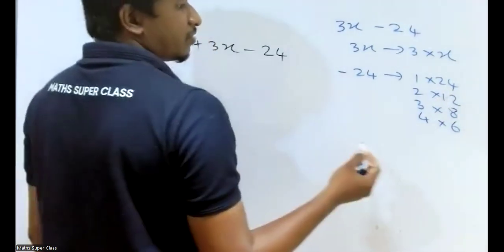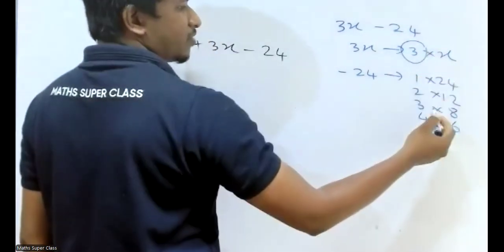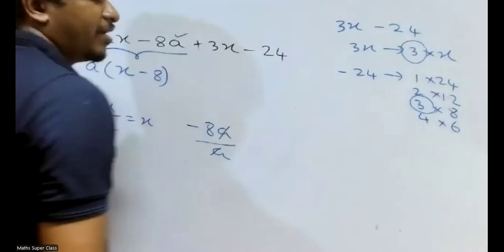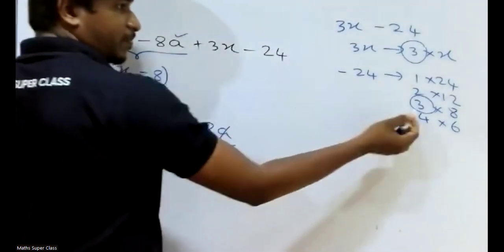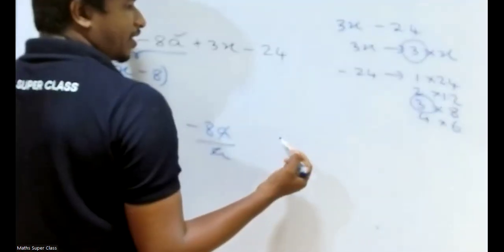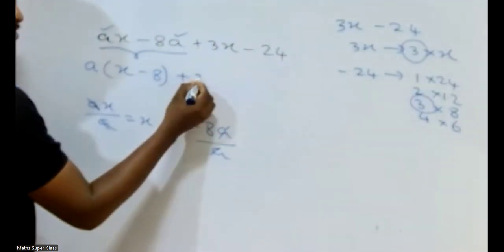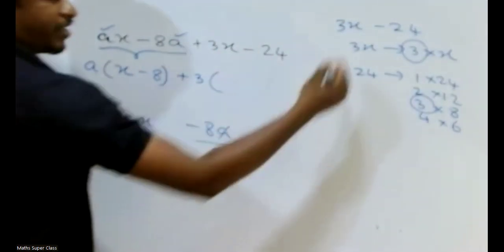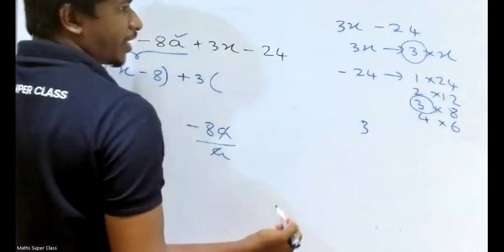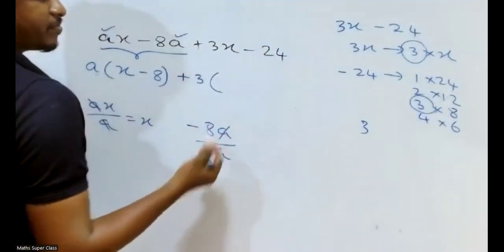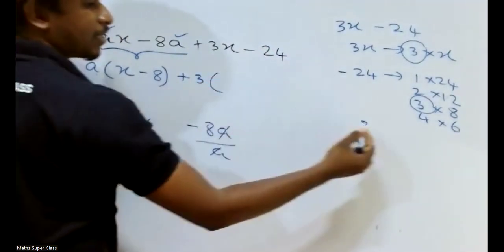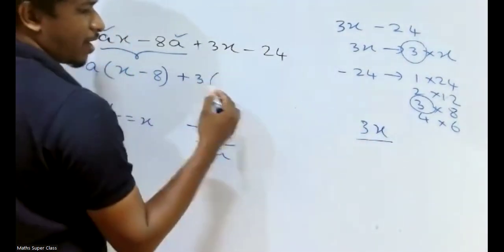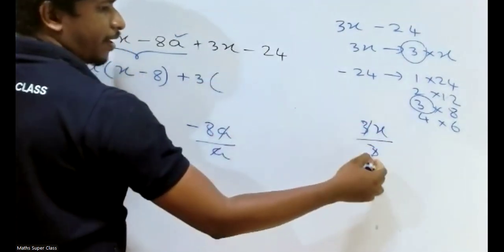What is the common factor here? Just 3. It's not minus 3, it's plus 3. Now take plus 3 as the common factor. Plus 3x divided by plus 3 should be x.